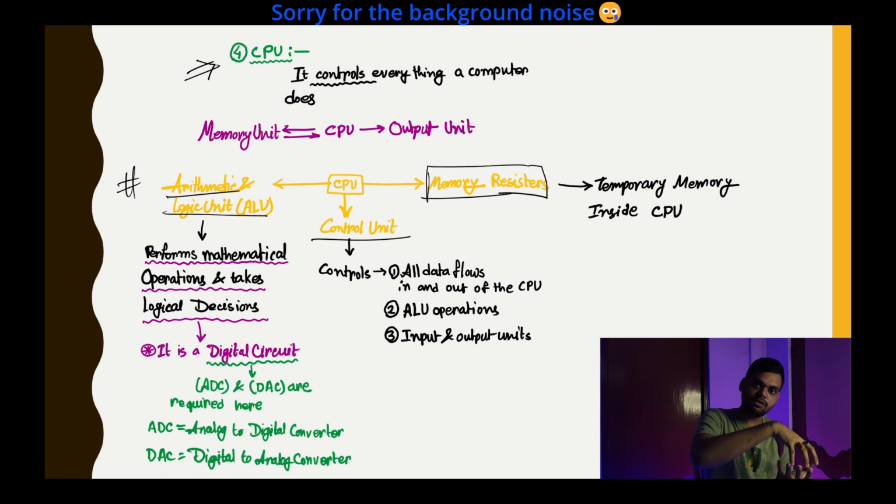We have the main memory unit, where the data gets stored, but in the CPU we have tiny memory registers that work as a temporary memory for the CPU.